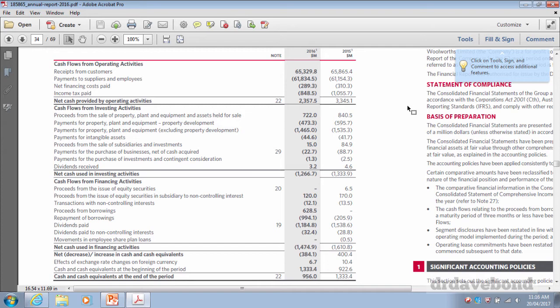Now you could argue that interest costs could be working capital interest to help fund just the normal operations of the business. So Woolworths have made a call that that interest cost should be included within operating activities. And that's fine, there's no problem with that. That's a pretty common thing that you'll see.